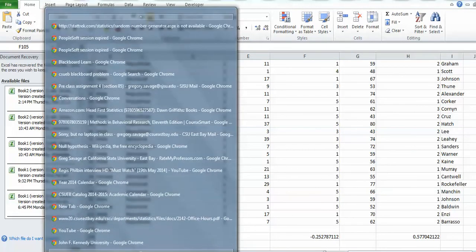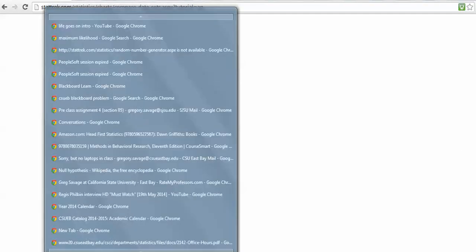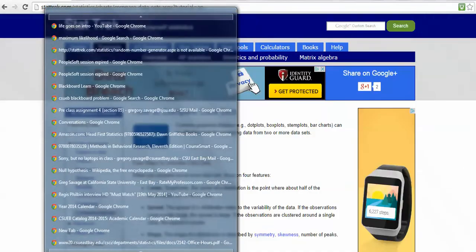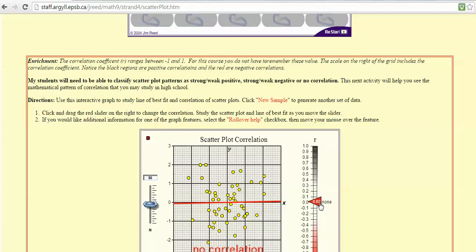If we go back to our website right here, we can see the -0.25 is about right here. This is what we were seeing with our correlation between years in office and years before term expires.